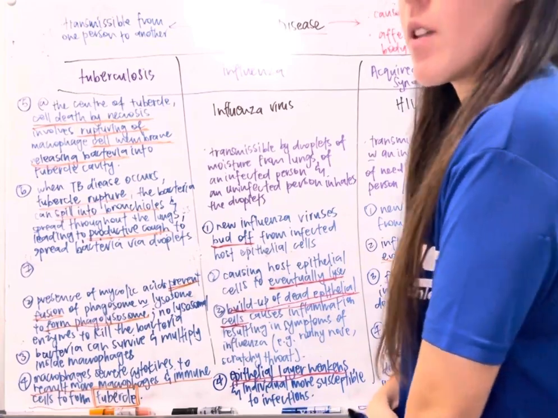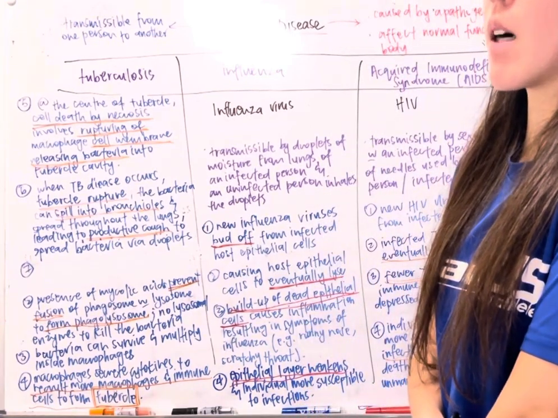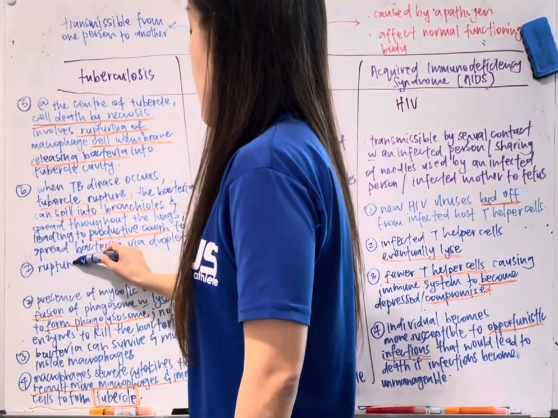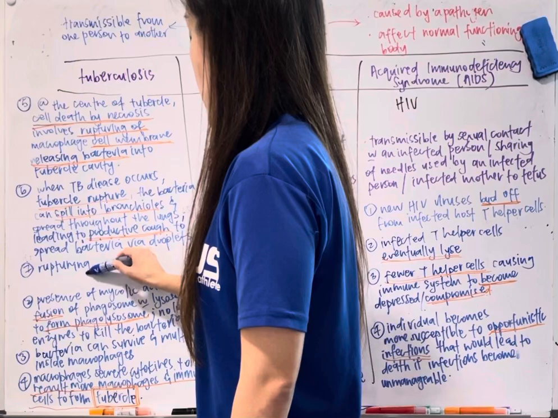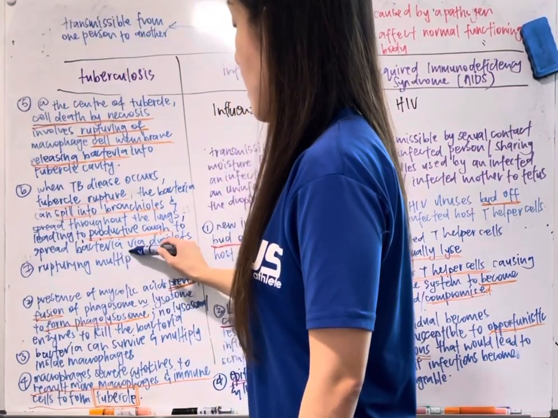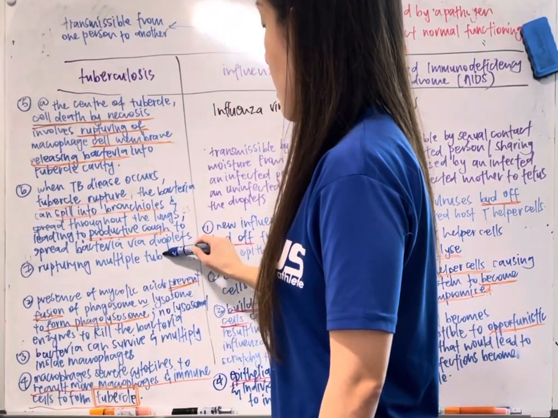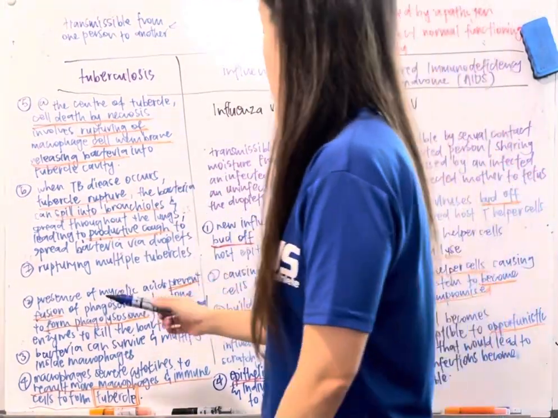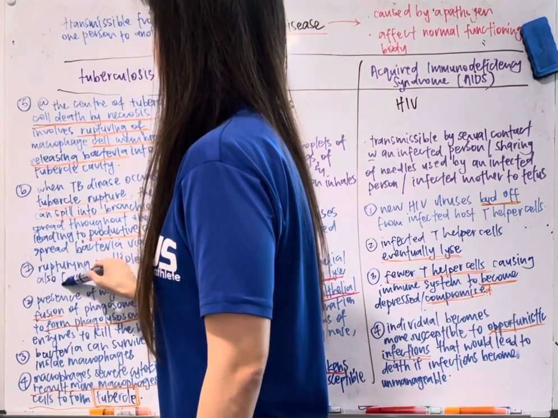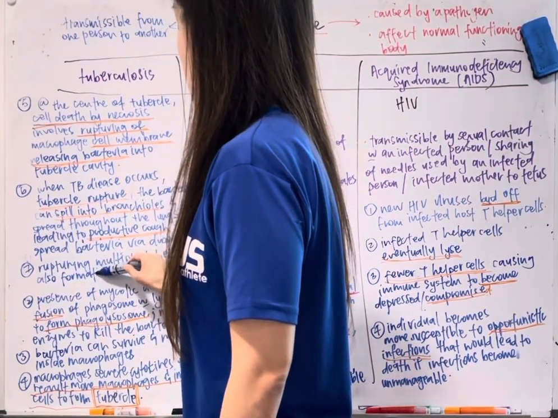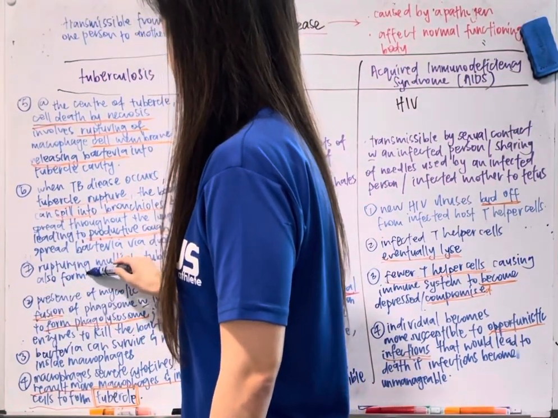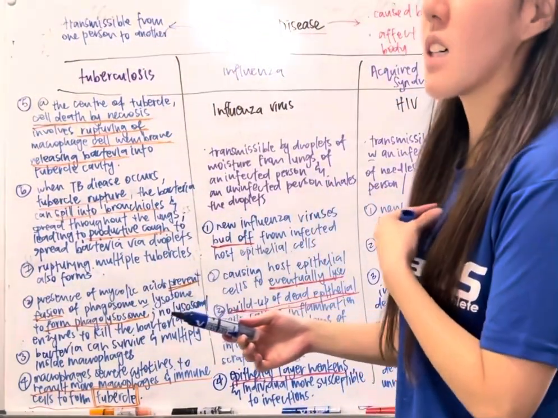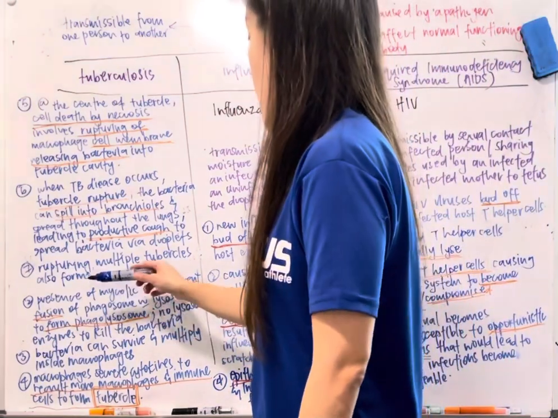We need to take note, when you keep on rupturing multiple tubercles, you will have cavities or holes in your lungs. So imagine you have a lot of cavities in your lungs. Your lungs are progressively destroyed. You can die from it.